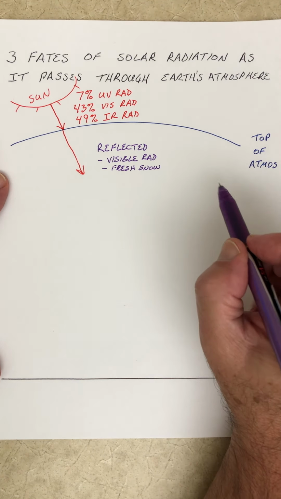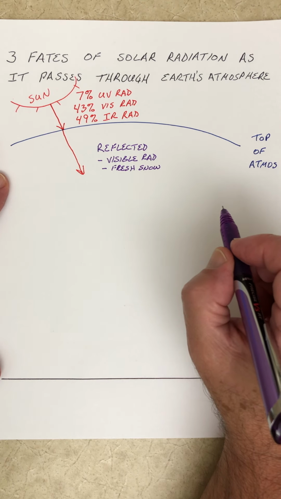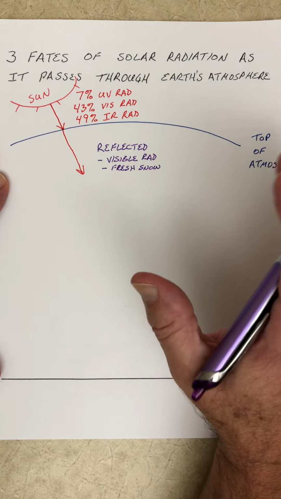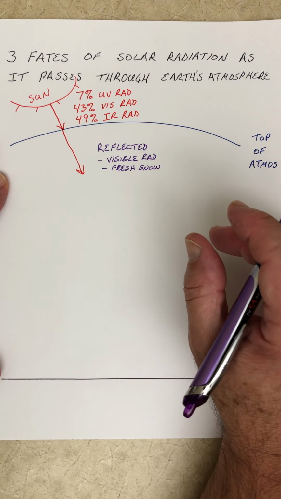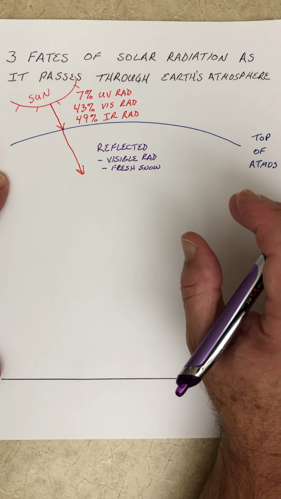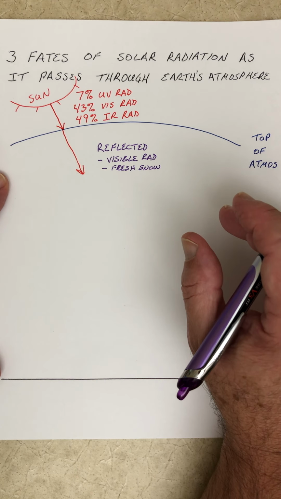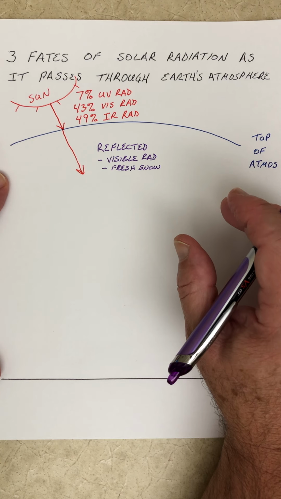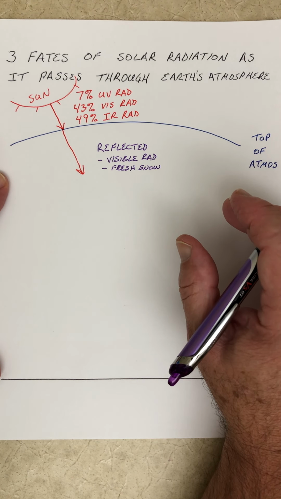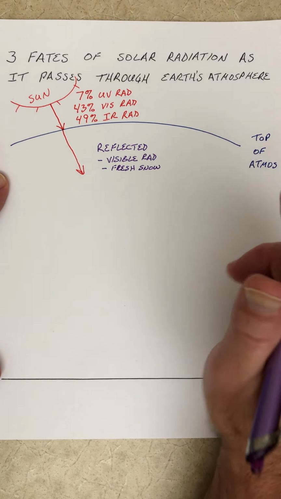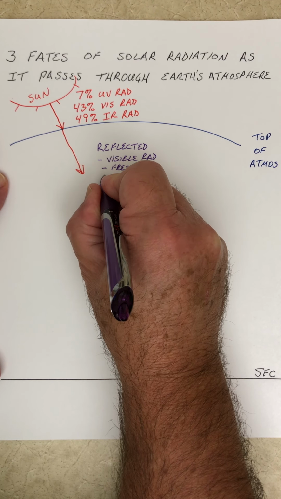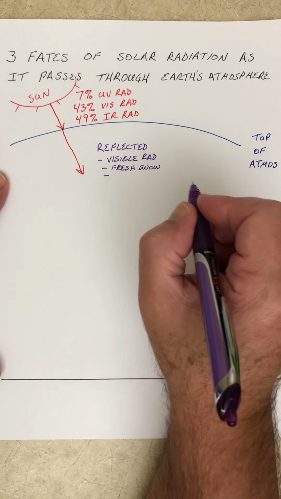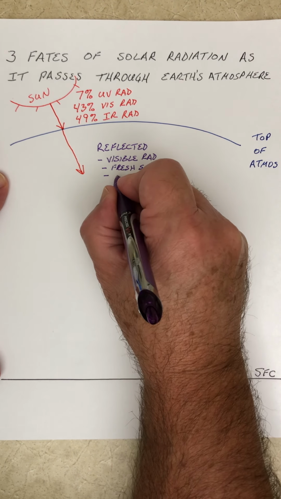And you know that, because if you've ever gone skiing or you've gone out the day after a snowstorm and the sun is out, you know how blinding that snow can be, the reflection of visible solar radiation off of that snow surface. And if you go skiing, you almost always have to wear sunglasses if you're skiing during the day.